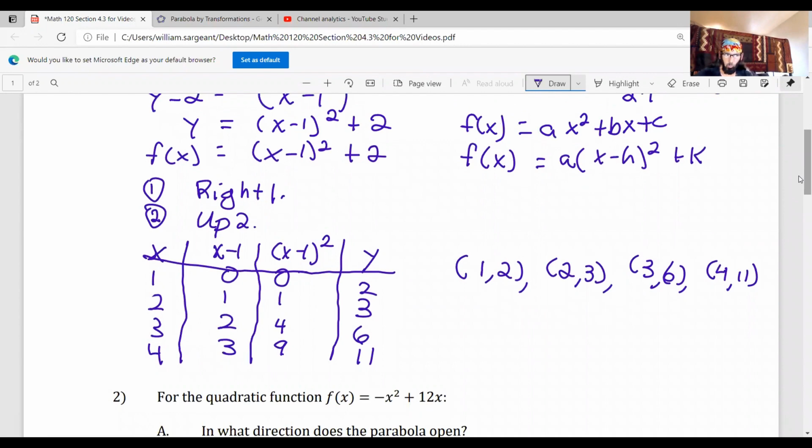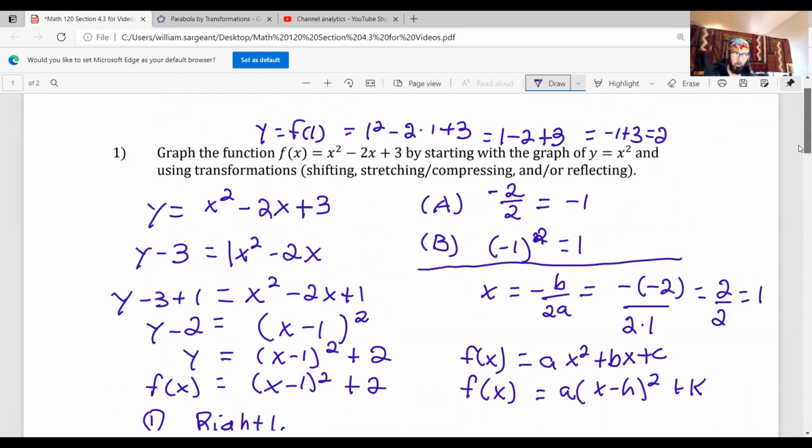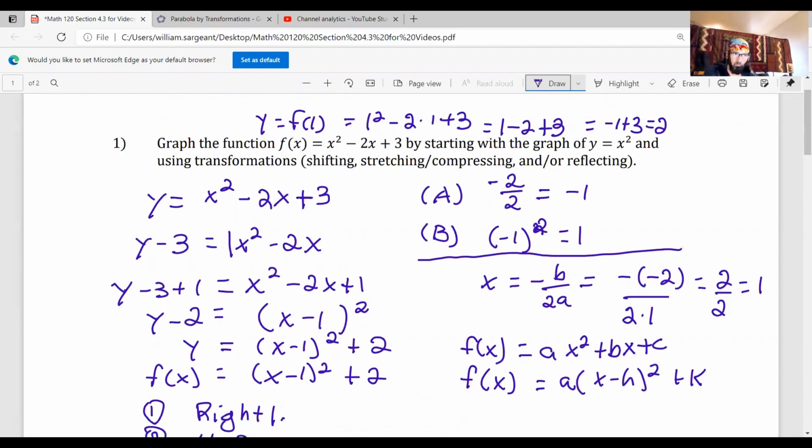You may be familiar with the discriminant, b squared minus 4ac. That is the part that's under the square root in the quadratic formula. If we had set y equal to 0 back here and tried to find the x coordinates, that would make y equal 0 so that we would have x-intercepts.